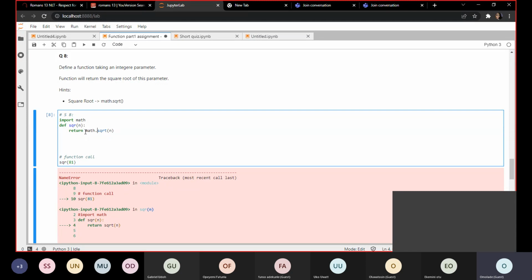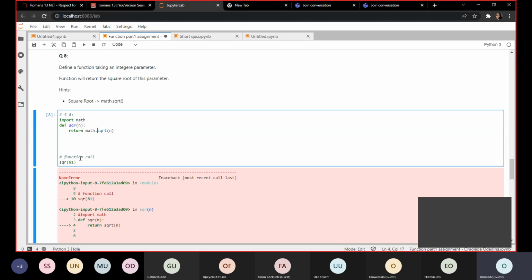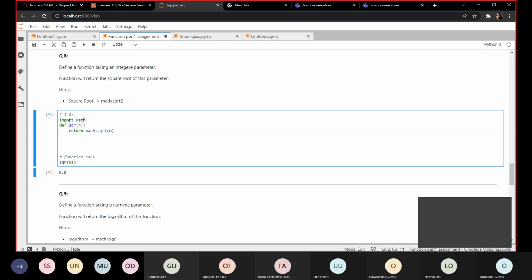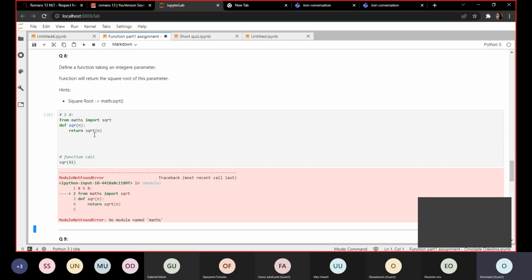So you return. Now there are two ways by which you can do this particular thing. Either you just do import math and then math dot square root, or you do from math import square root. Let me try. Yeah, it did not work.